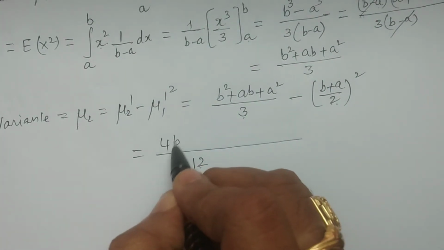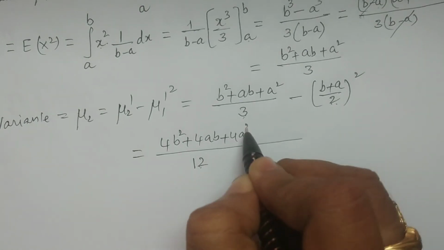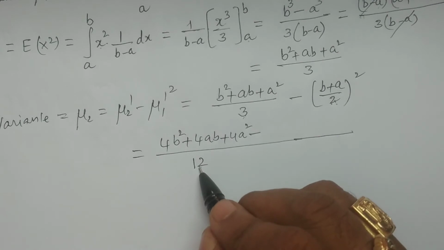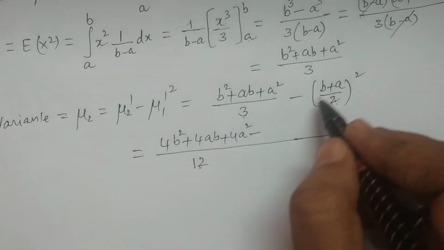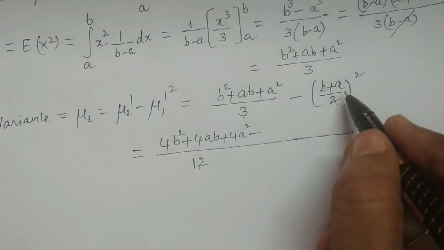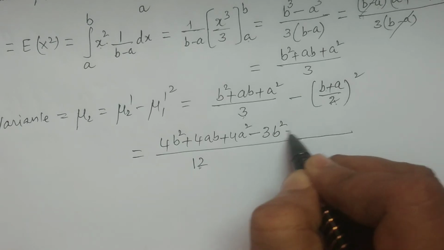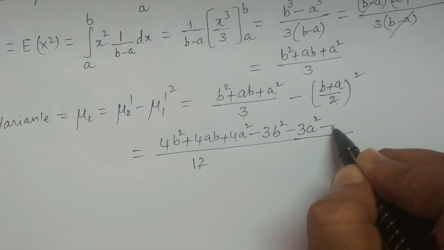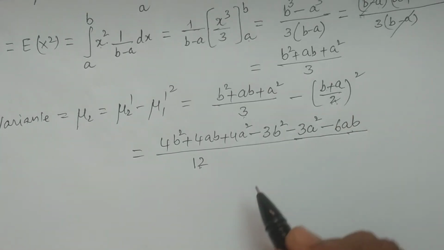So 4b square plus 4ab plus 4a square, minus 3 into b plus a whole square, that is b square plus a square plus 2ab, so minus 3b square minus 3a square minus 6ab.